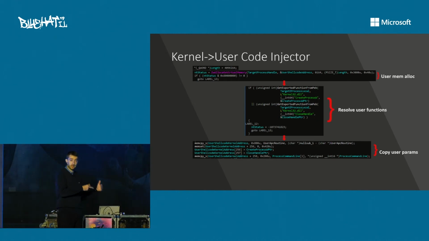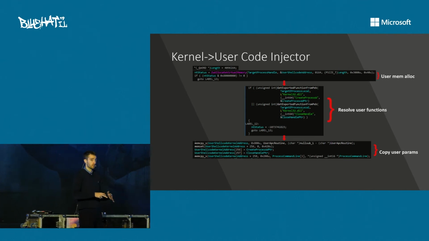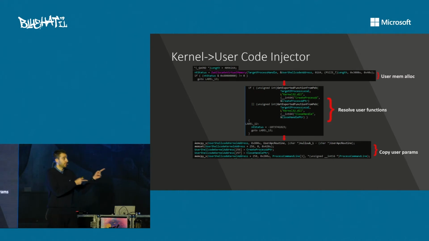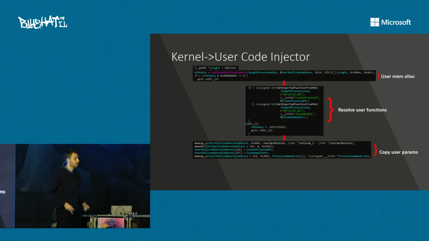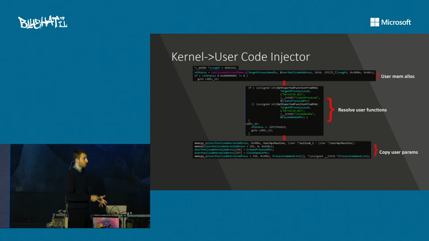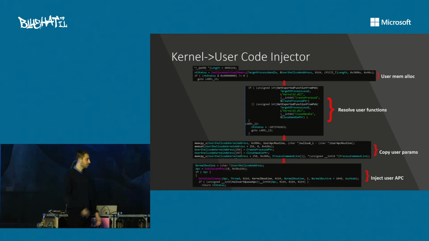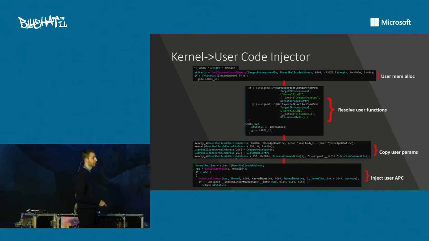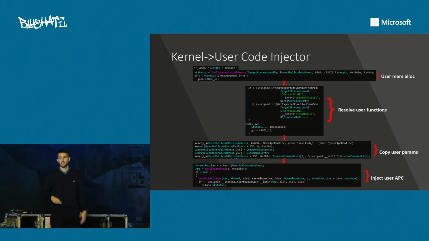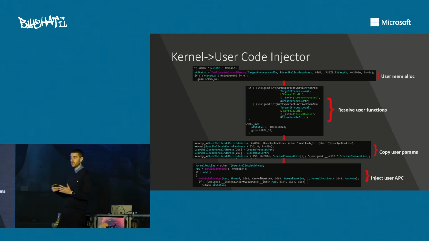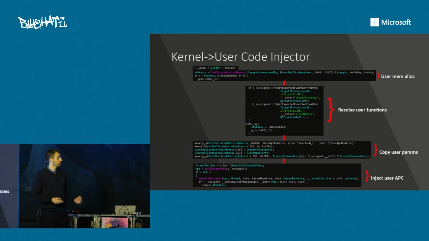A whole function implemented in the driver was copied into that buffer. The other portion is some sort of a parameter block, and it contains data. First, it contains the resolved function pointers, and it also contains some sort of a string. And the last thing the driver does in this function is to actually inject a user APC into some arbitrary thread in the context of the target process.